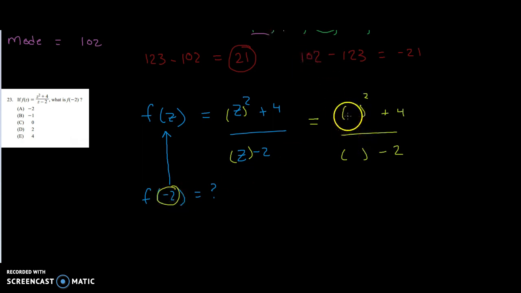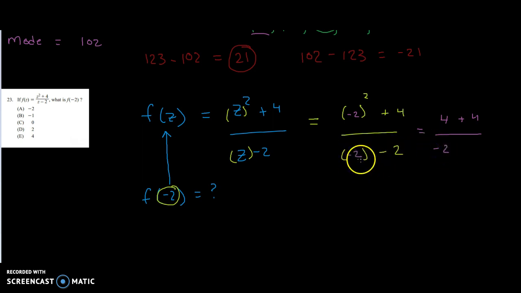So I'm going to put it in purple. That means we need to put negative 2 in there, and negative 2 in here, and then we just solve for this. Well, negative 2 squared just means negative 2 times negative 2. That's positive 4. And then that's plus 4 over, well, just negative 2 by itself.